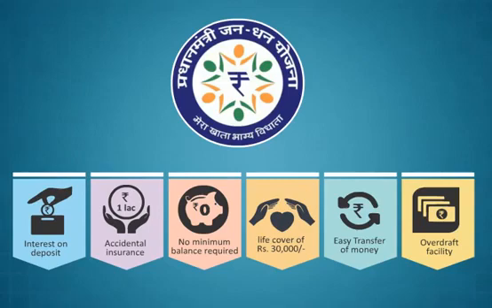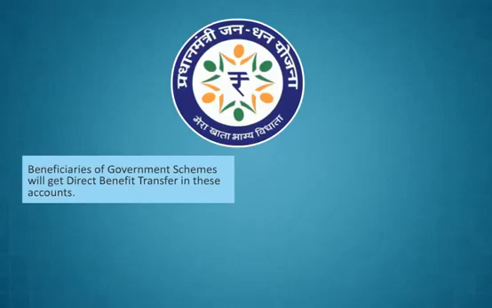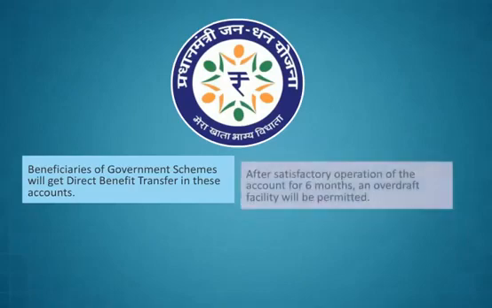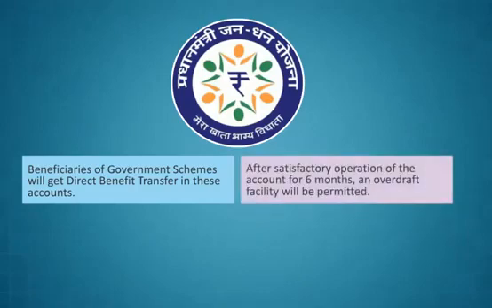Overdraft facility up to 5,000 rupees is available in only one account per household, preferably the lady of the household. Beneficiaries of government schemes will get direct benefit transfer in these accounts. After satisfactory operation of the account for 6 months, an overdraft facility will be permitted.